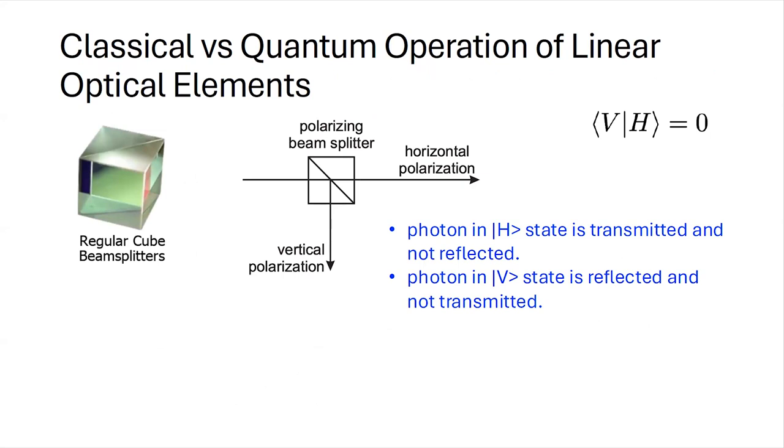If it is horizontal polarization, it will be transmitted, but if it comes with vertical polarization, it will be reflected. If you do this with a classical field, you can see different amounts of light passing through, depending on the reflectivity and transmission coefficients of this polarizing beam splitter. It's basically two transparent prisms glued to each other.